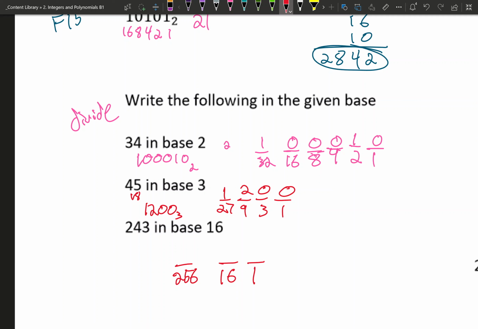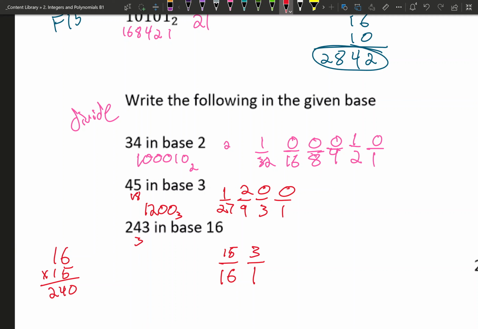Well, so 16 times 15, that product we know is going to be 16 less than 256, so it's going to be 240. So we are going to have 15 16s with a remainder of 3, so there are 3 1s.